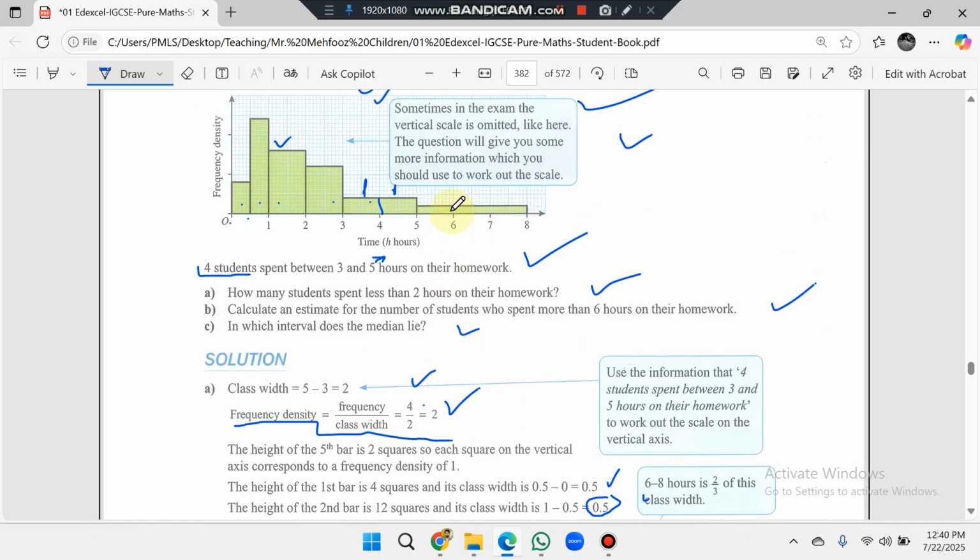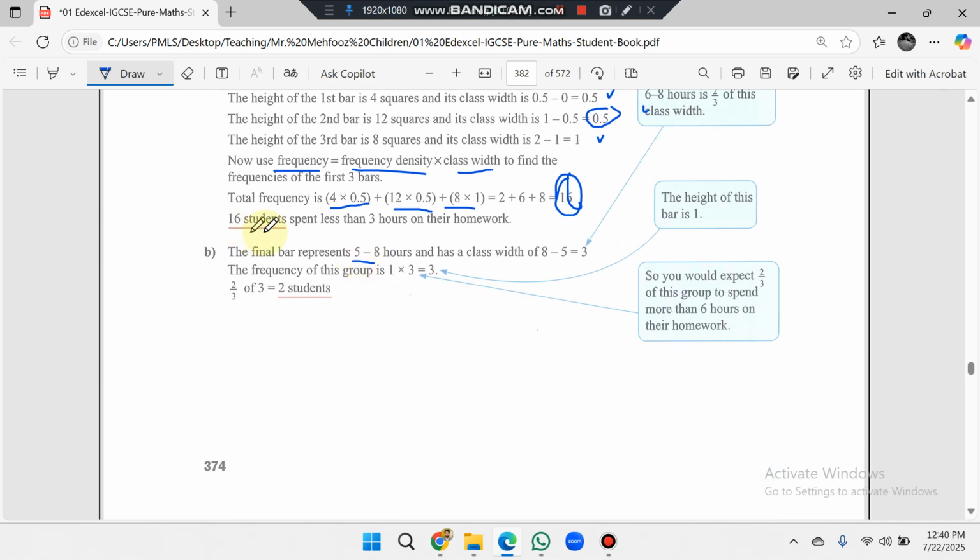So 6 hours starts from this one, right? So it means that the final bar starts from 5 to 8 hours and has a class width that is simply 3. The frequency for this group is 1 multiplied by 3.